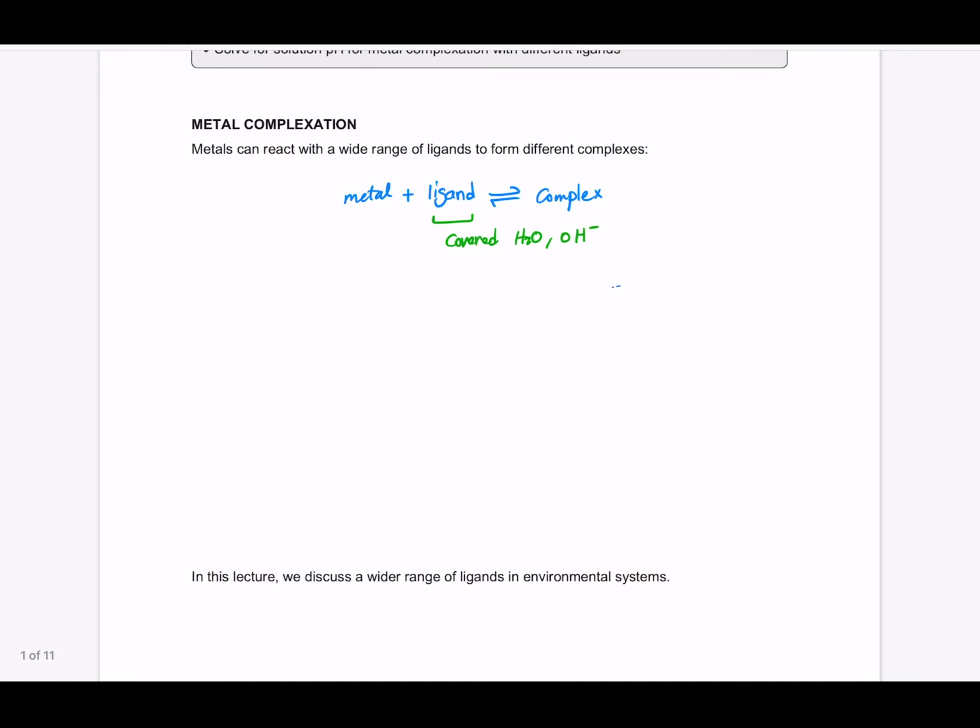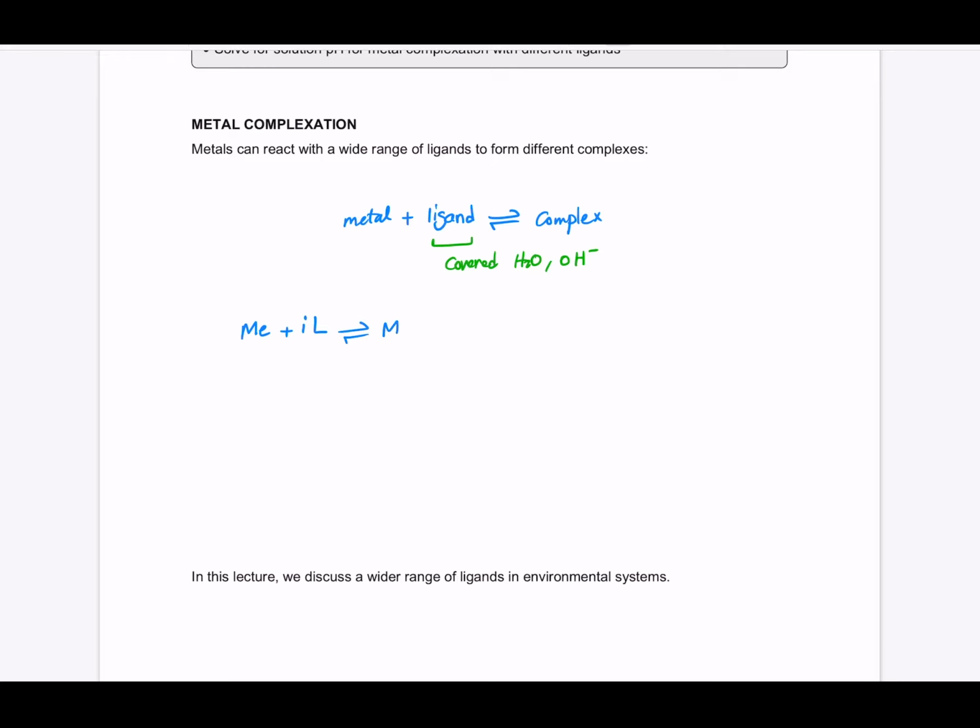Also, we introduced a few designations to describe the equilibrium of a complexation reaction. For example, we introduced metal plus i L forming the complex, or the complexation reaction could be written with HL, the protonated form of the ligand.